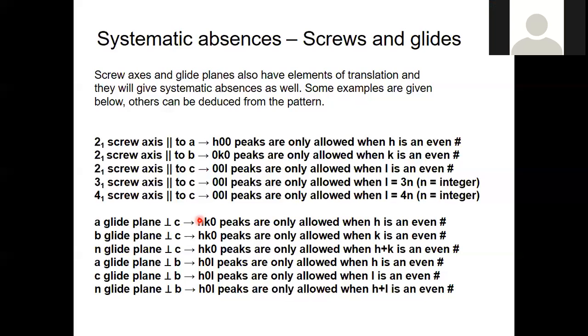If you find one exception, then that must mean that systematic absence is not there. Therefore, it helps when you have many X-ray diffraction peaks, because then you look at many lattice planes, and the chance that you overlook a violation of the systematic absence becomes smaller.